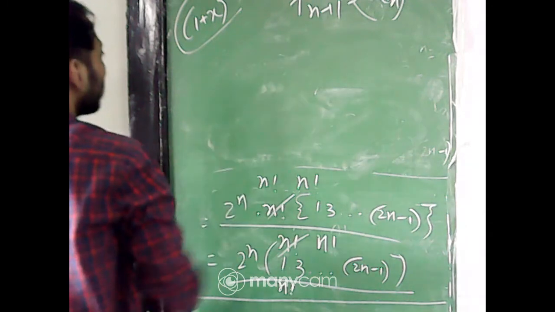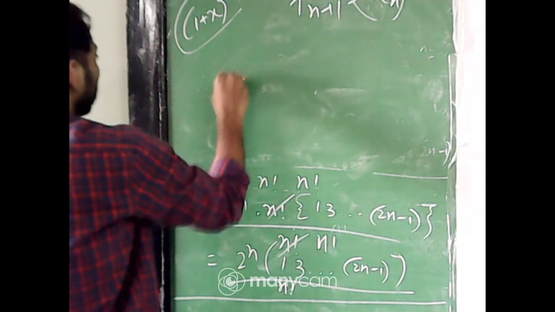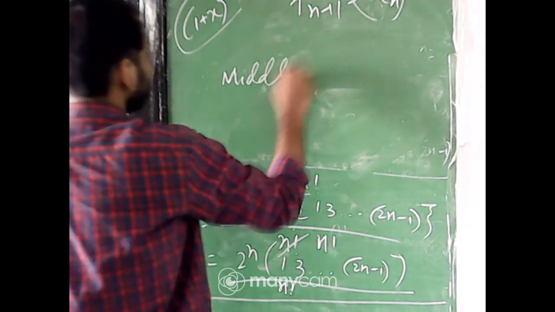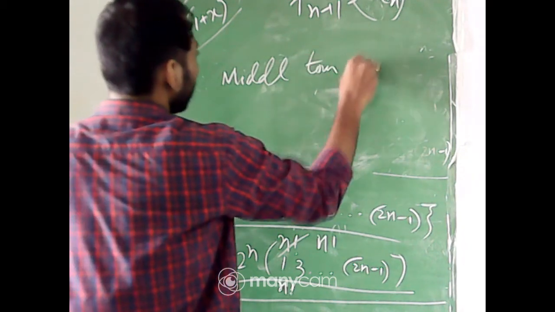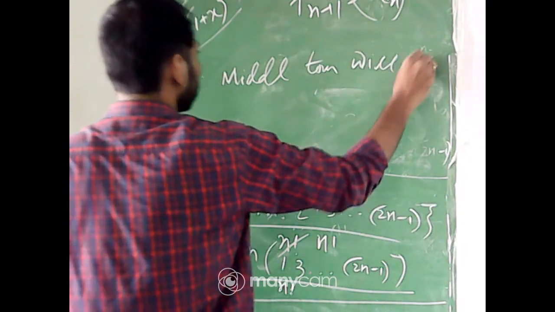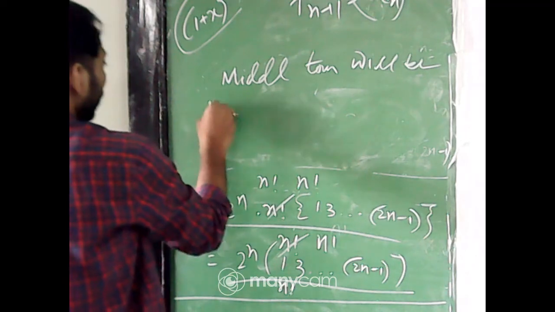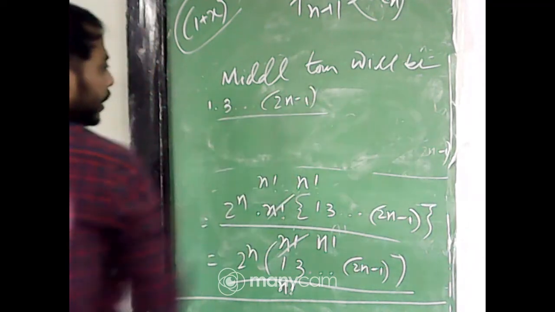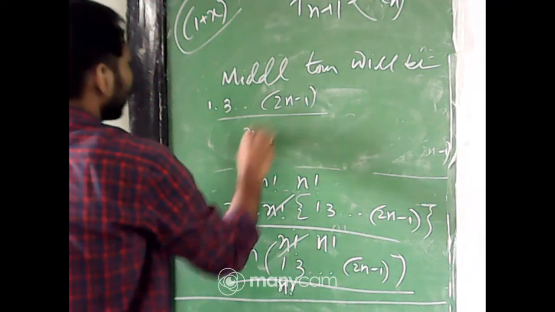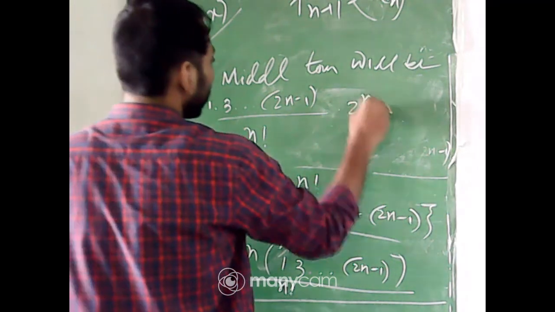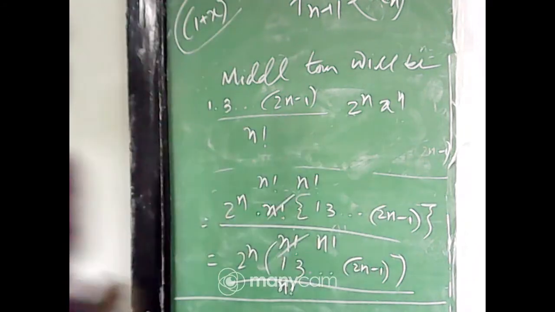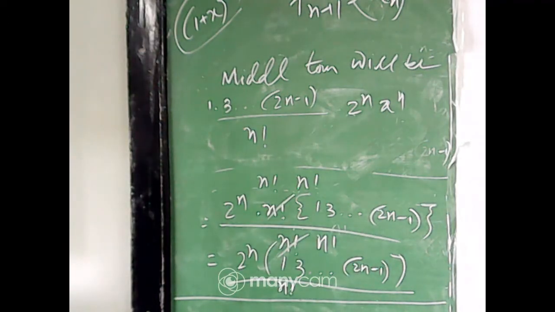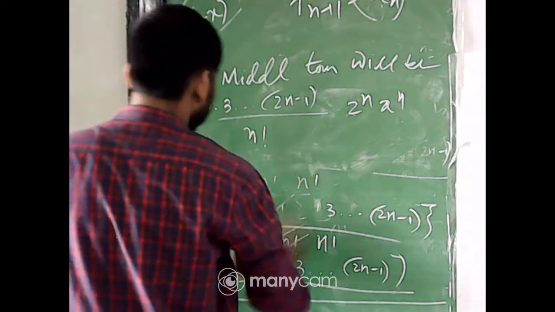This problem is very important one. Middle term will be 1, 3, dot dot dot 2n minus 1 divided by n factorial into 2 to the power n and x to the power n. Okay, that is the middle term, very important one.